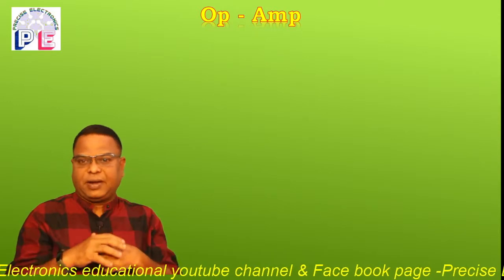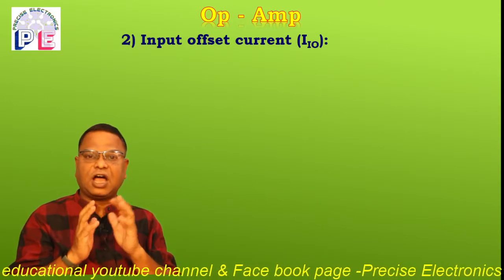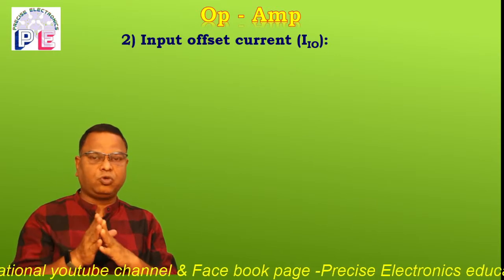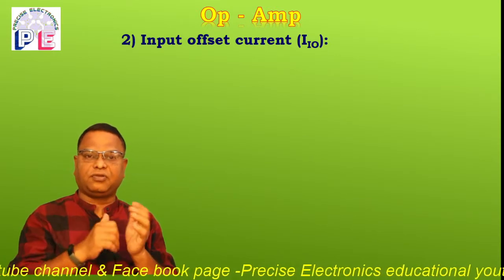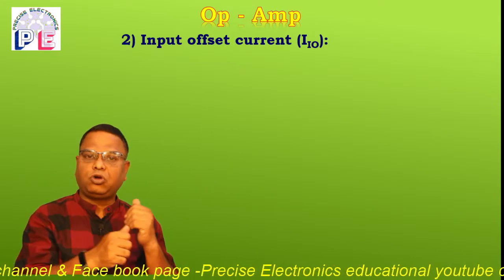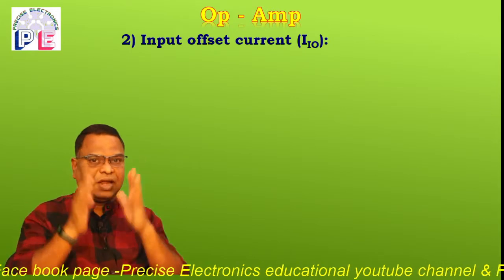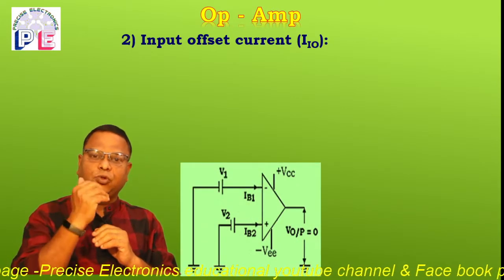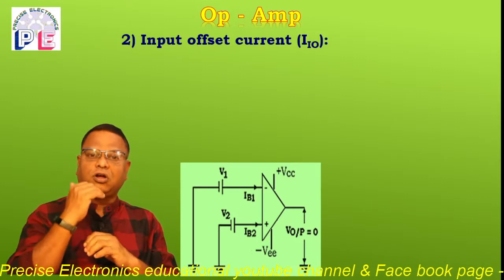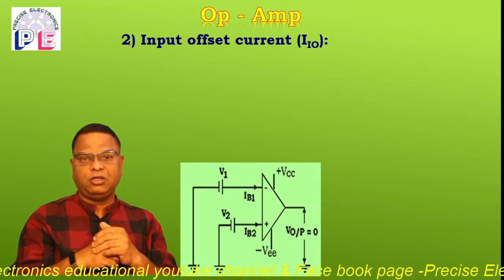Now the second parameter is input offset current, that is I suffix IO, the first capital I for current and the suffix IO for input offset. The same diagram is there, that means V1 and V2 are the two input potentials applied to the inverting and non-inverting terminals respectively.